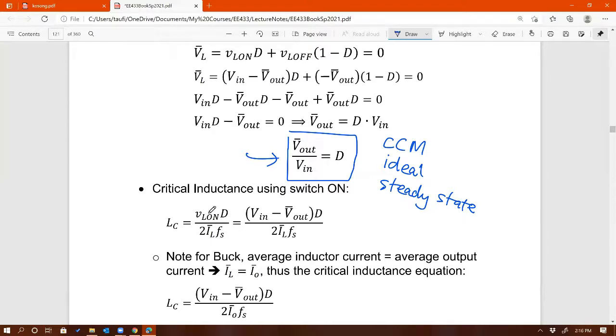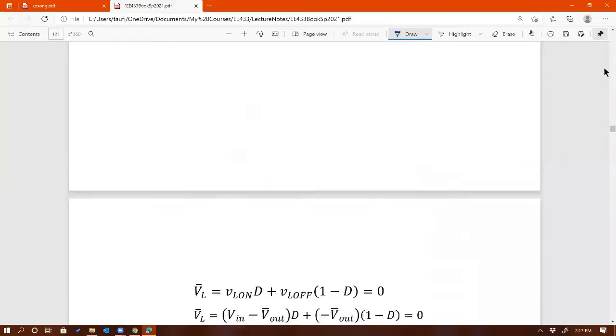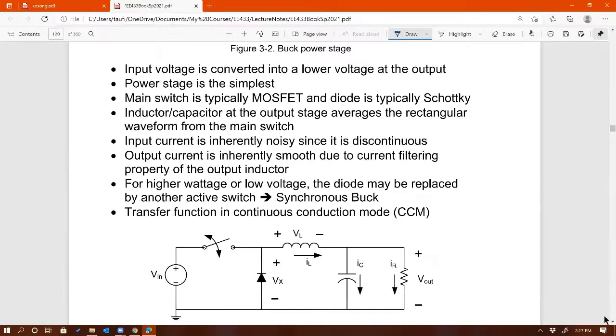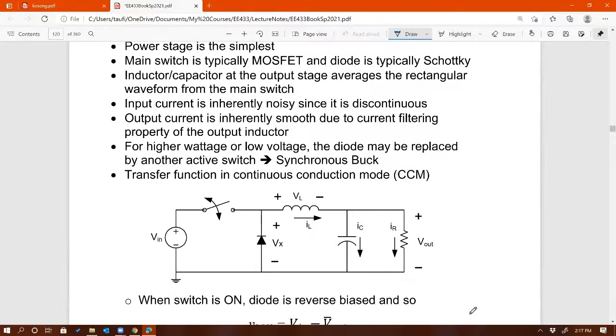And we learned that for buck converter, VL on, the voltage across the inductor when the switch is on, is equal to V in minus V out, times duty cycle. And then IL here, so this is what makes different topologies unique, is the IL value. The IL average value would depend on the topology. It's topology dependent.